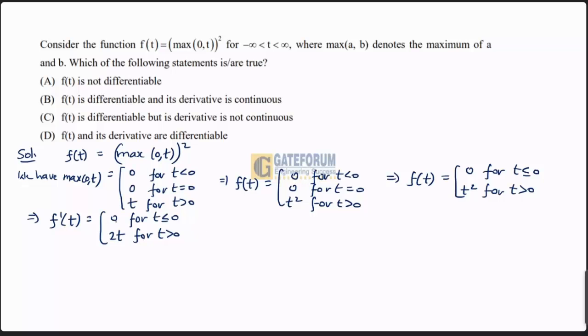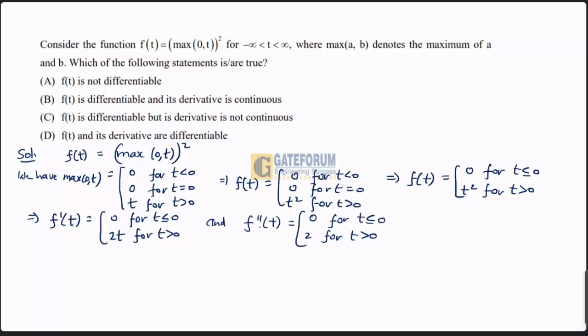So f dash t is equal to 0 or 2t. When t is less than 0, that is called the left hand derivative, so the left hand derivative of f of t is 0. The right hand derivative of f of t at t equal to 0 is 2t. And f double dash t, one more derivative: the derivative of 0 is 0 for t less than or equal to 0, and the derivative of 2t is 2 for t greater than 0.